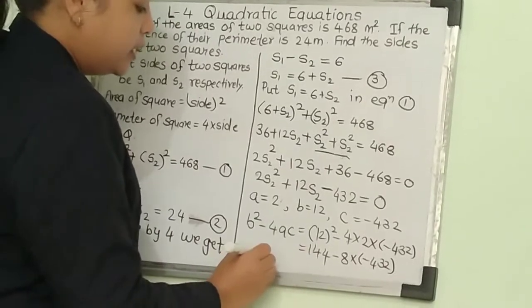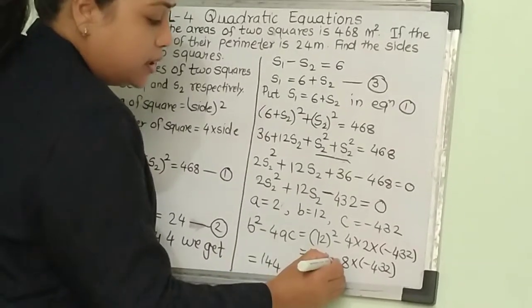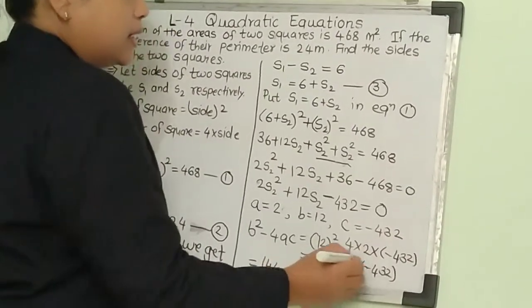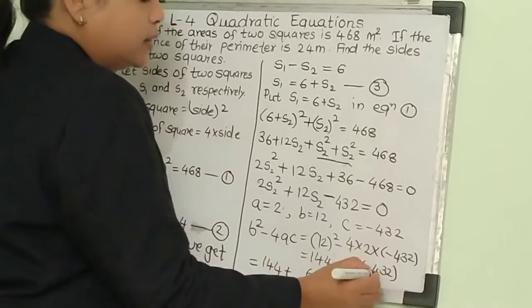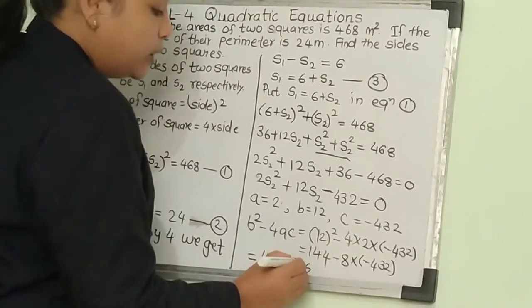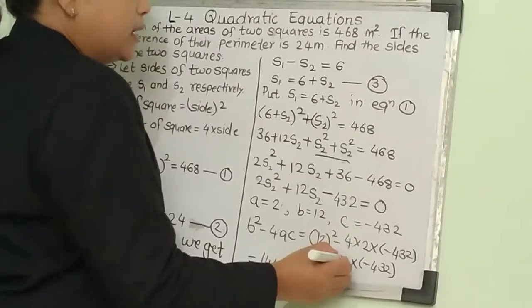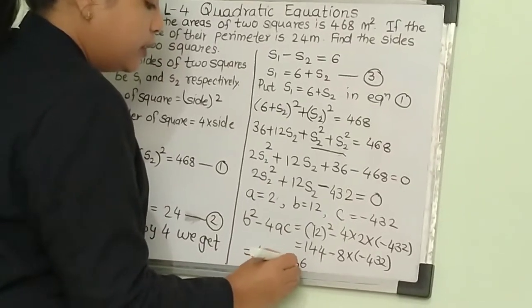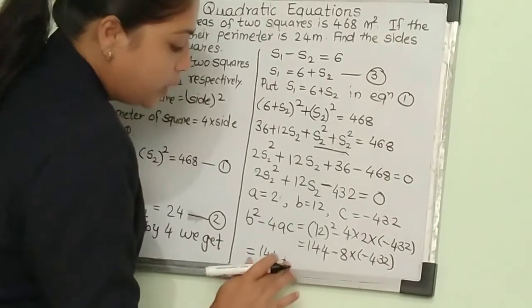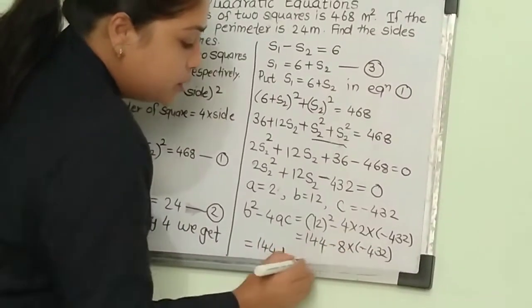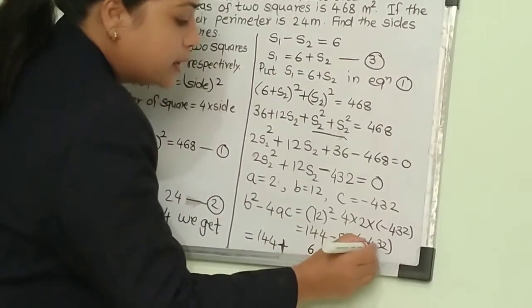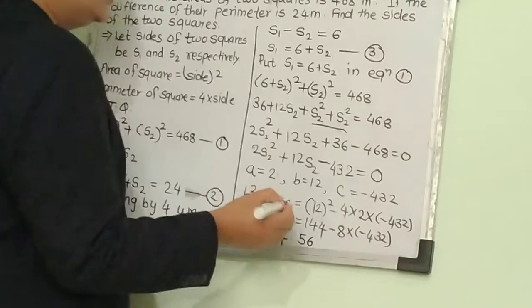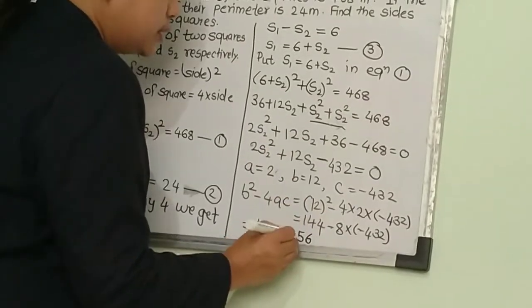So here we get 144, and this minus minus becomes plus. So 8 2s are 16, 1 carry, 8 3s are 24 plus 1 is 25, 2 carry, 8 4s are 32, 32 plus 2 is 34.